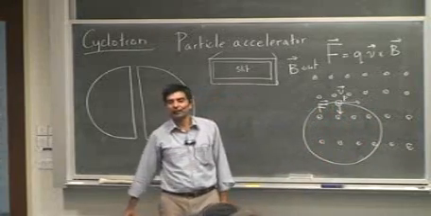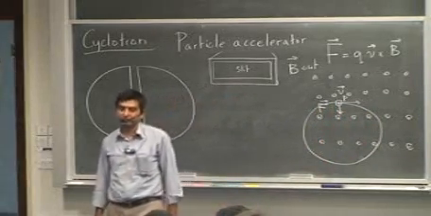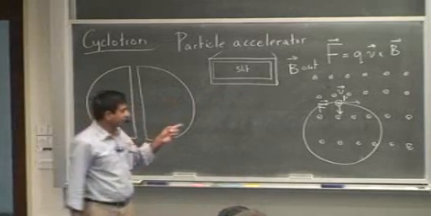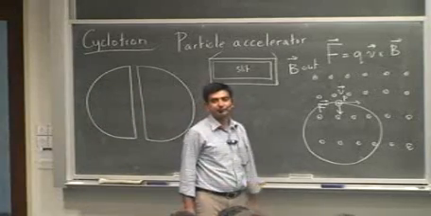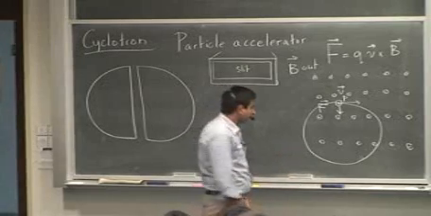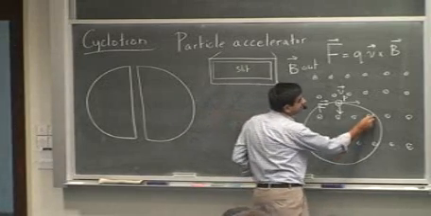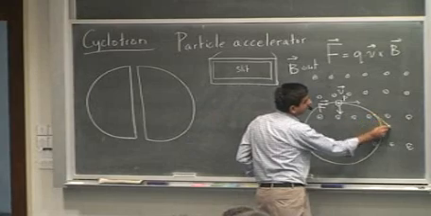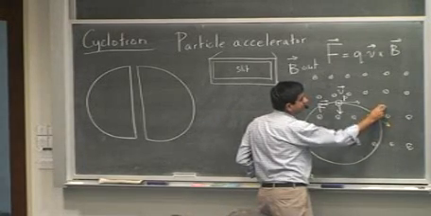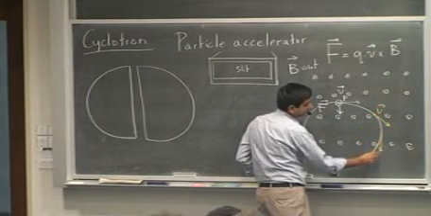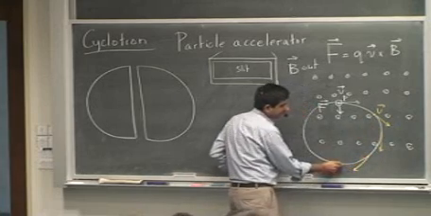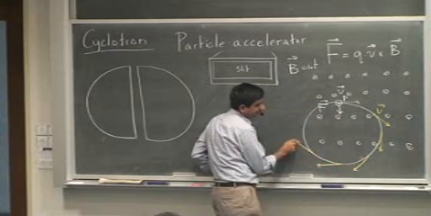Because the force is always normal to the velocity and the velocity is always tangent to the circle. So this is circular motion. So at each point on this circle, the velocity is pointing in a certain direction, v, and it's tangent to the circle. So the yellow vectors represent the velocity at each point.